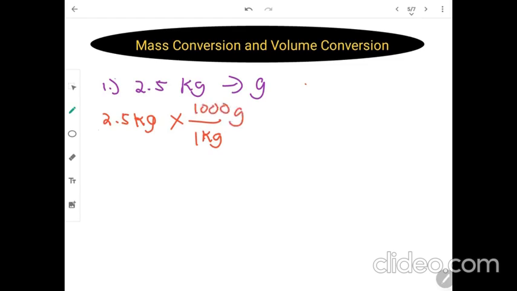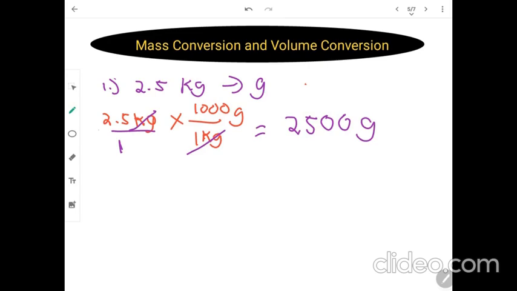Pwede mo po i-flip itong value na to, depende sa need ng cancellation. But kapag ganitong arrangement niya, we can cancel our kilograms dahil nag-exist sila in opposite sides. Here, you have 2.5 kilograms, and para di ka malito, you can put 1. Kasi same pa rin naman yan, 2.5 divided by 1 is 2.5. Okay, para hindi ka lang malito at makancel mo yung magka-opposite. Now, na-cancel mo na yung unit na kilogram. So, 2.5 kilograms times your 1,000, that is equal to 2,500 grams.